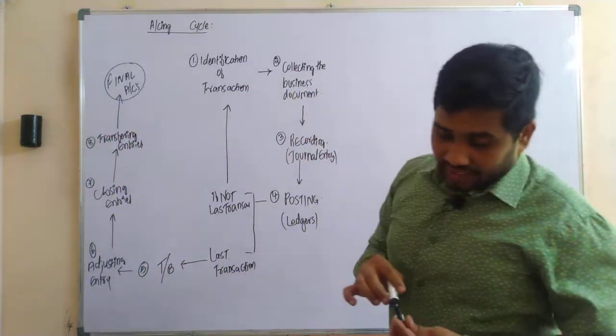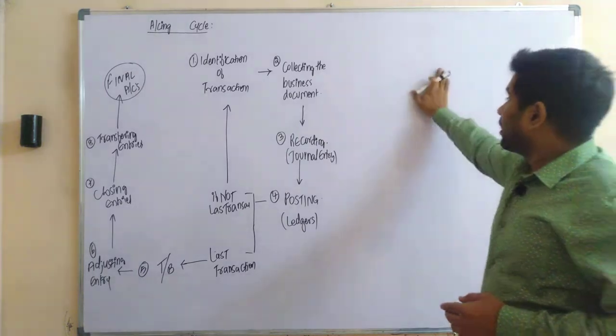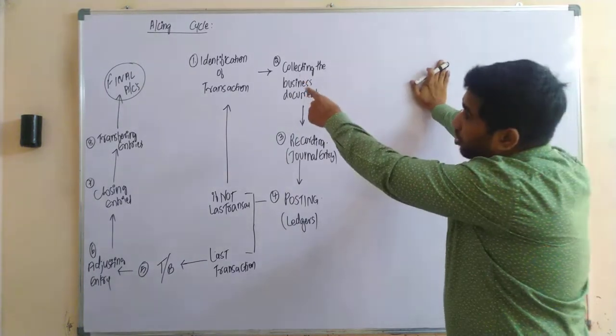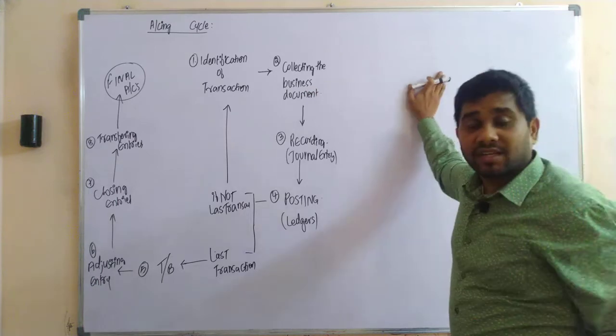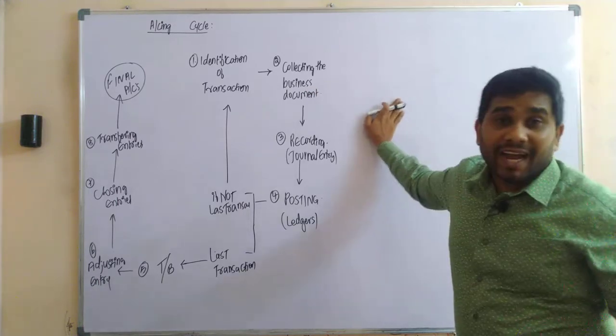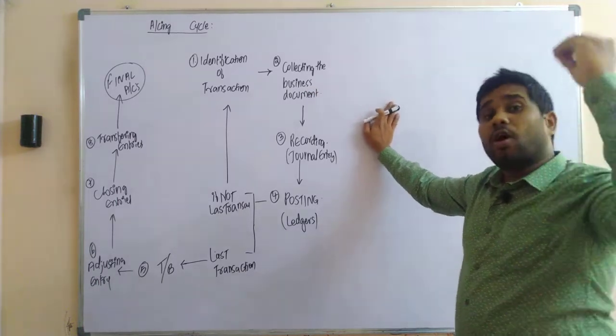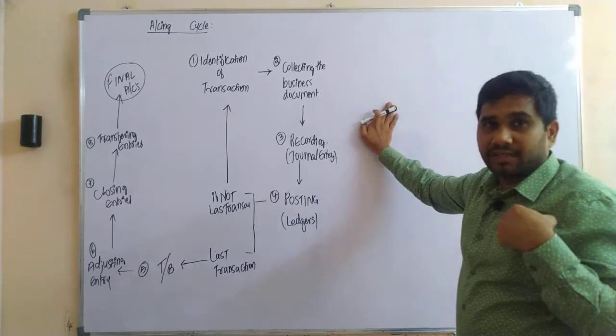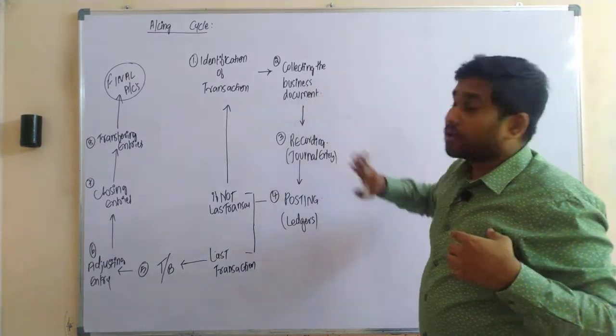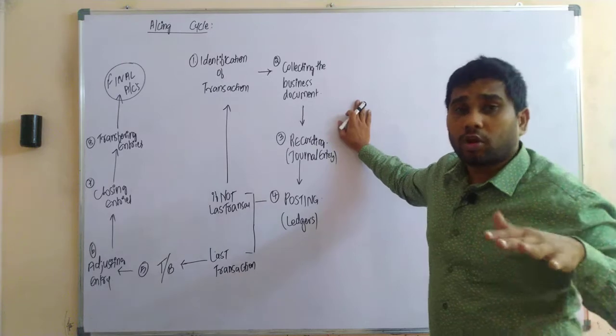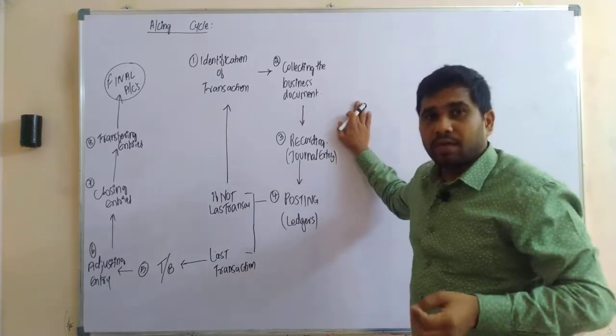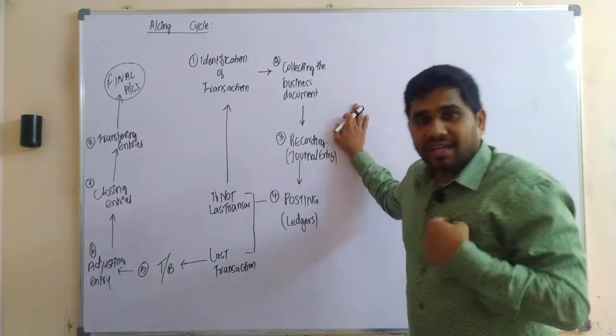What is your accounting cycle, sir? The accounting cycle starts with your identification of transaction in the business. And after identifying whether it is a transaction or not of the business, you need to collect the business document. Business document is nothing but your source document, a valid proof that it is our transaction.